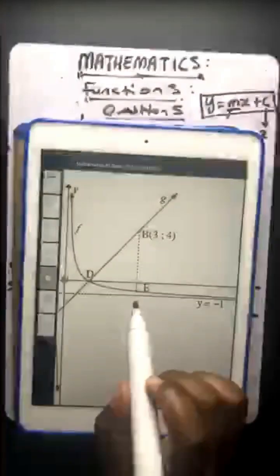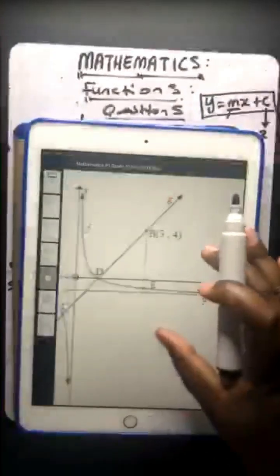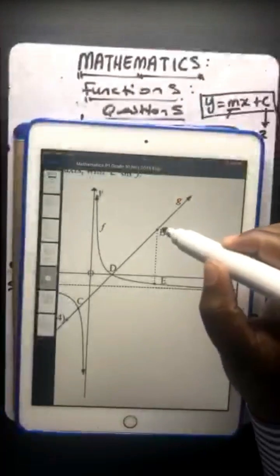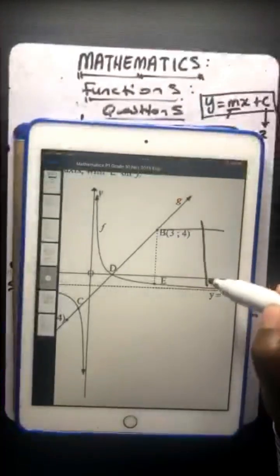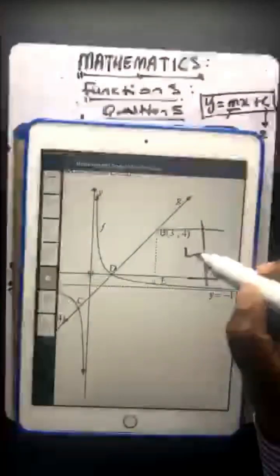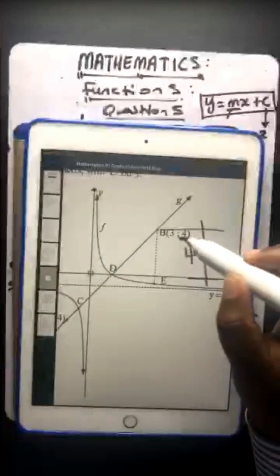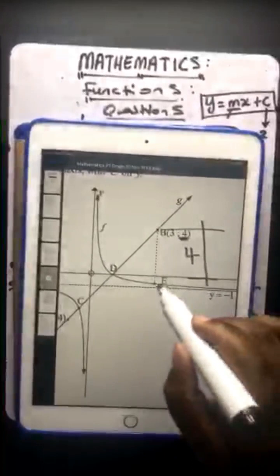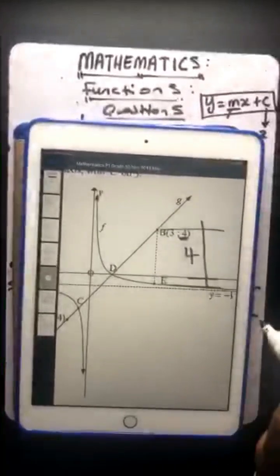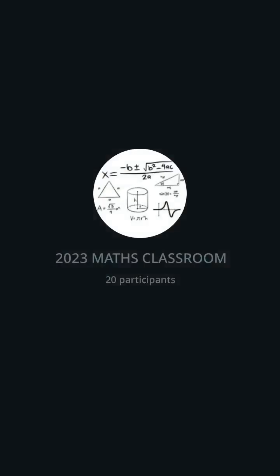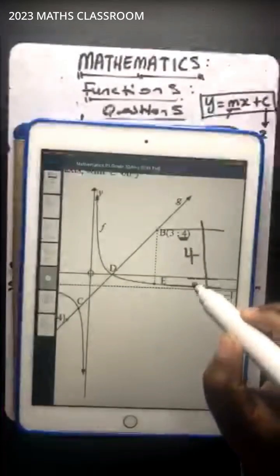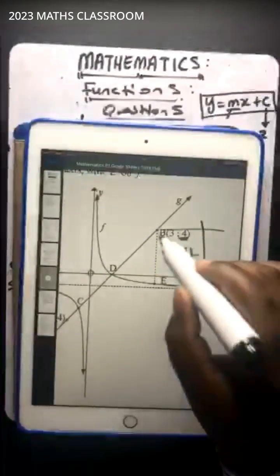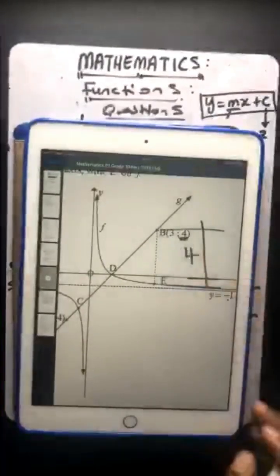So you can already see that from there up to there, it's already 4 units because of that 4. Then you just need that extra small distance, which is less than 1, so it's 4 plus that smaller distance. That's how you get the length or distance of BE.